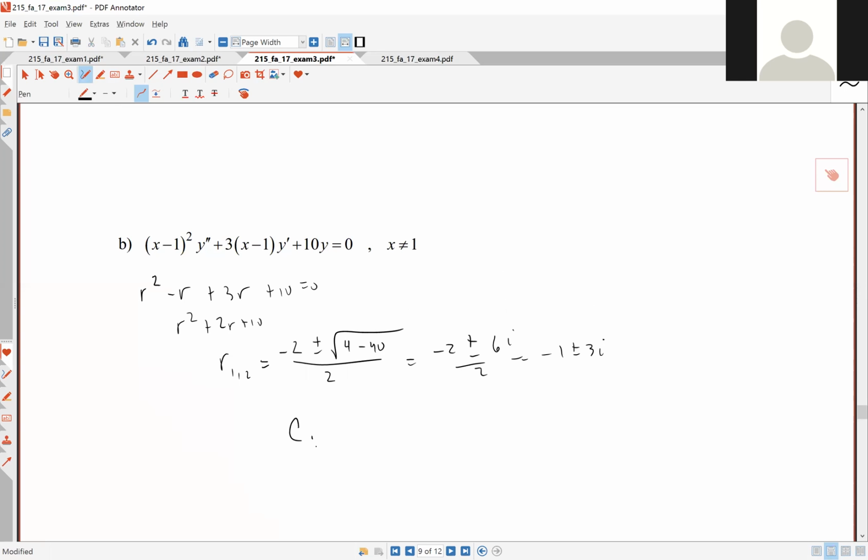So we get a C1 x minus 1 to the negative 1, but absolute values on those because x doesn't equal 1. If it was greater than 1, we would just use x minus 1 to the first.